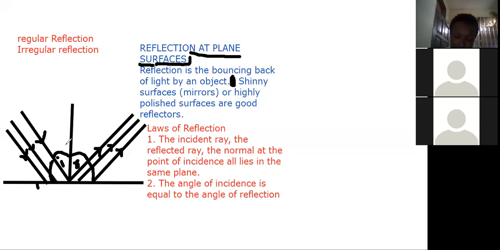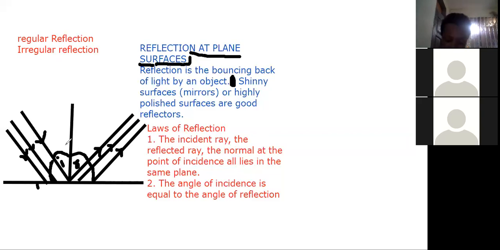Now let's talk about irregular or diffused or scattered reflection. That one normally occurs on a rough surface. When it occurs on a rough surface, some of the incident rays are absorbed, and some do not pass through the same angle, they are diffused or scattered.